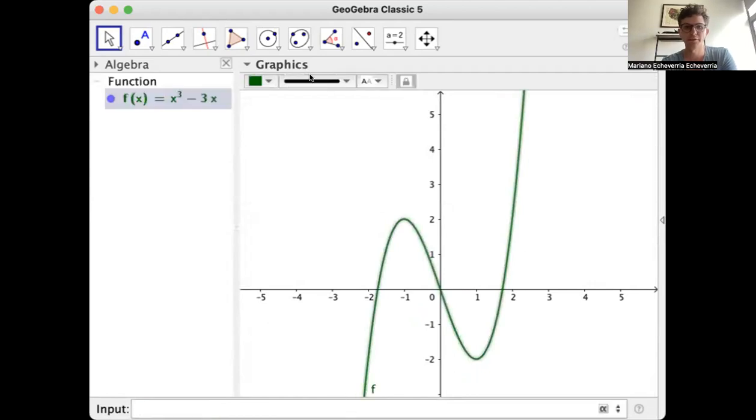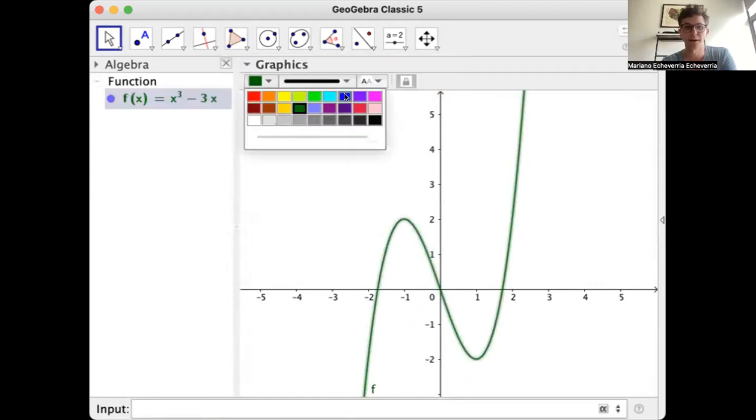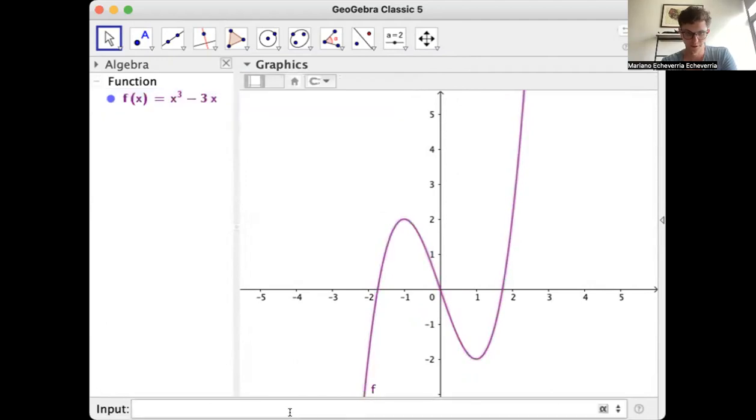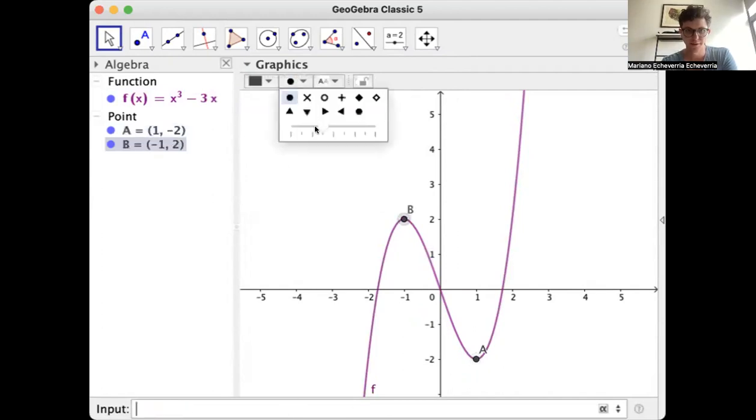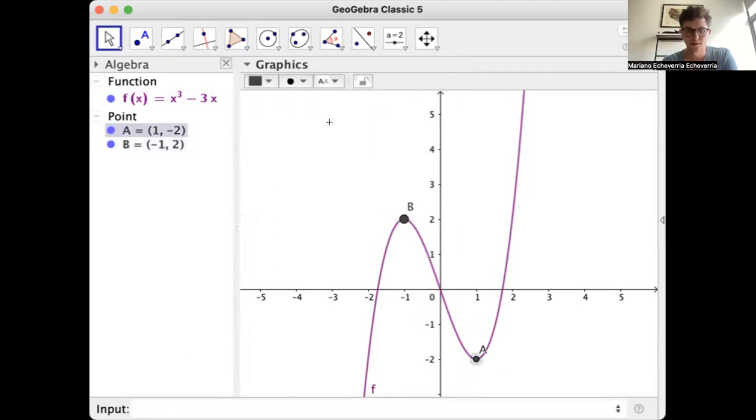And you see it looks more or less like what I did. Here you have 1 comma f of 1 and -1 comma f of -1. So we got a pretty good sketch of the function just by using the first and second derivatives. Is that okay? Are there any questions about this?